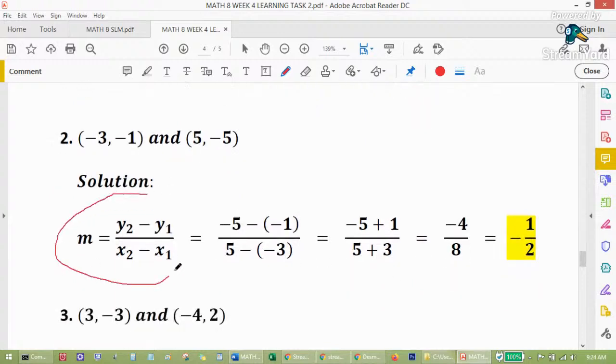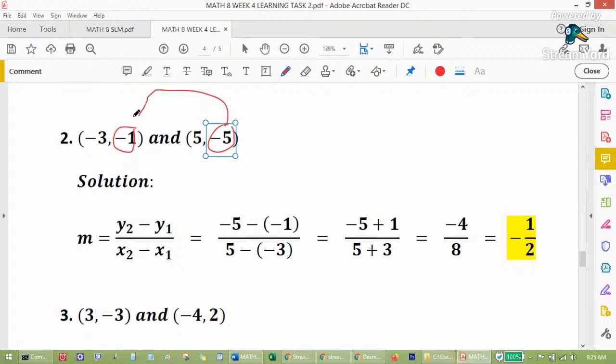So again, the formula is yung pangalawang y minus yung unang y and pangalawang x minus yung unang x. So ito yung second coordinate natin, ito naman yung first coordinate natin. So dito muna tayo sa y. Negative 5 minus negative 1.